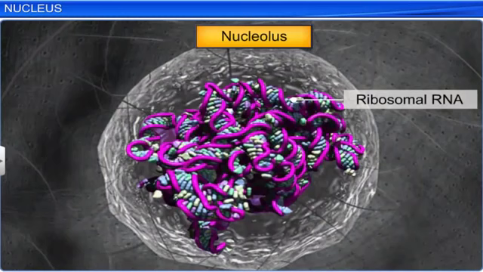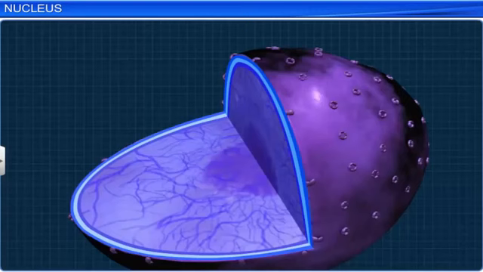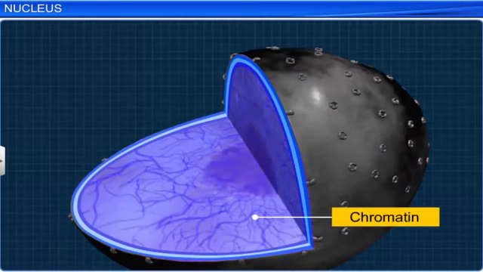Apart from the nucleolus, the nucleoplasm also contains chromatin, a network of highly extended and elaborate nucleoprotein fibers that mainly consists of DNA and histone proteins, though non-histone proteins are also associated with it.